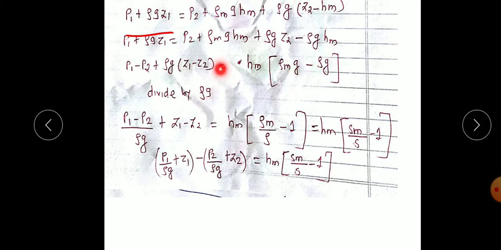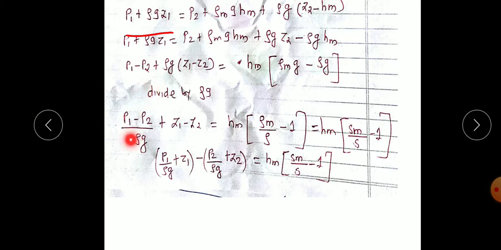Now dividing by rho g, we get P1 minus P2 by rho g equal to Z2 minus Z1 plus Hm (rho m by rho minus 1). Writing rho m by rho in terms of specific gravity, it is Sm upon S minus 1.